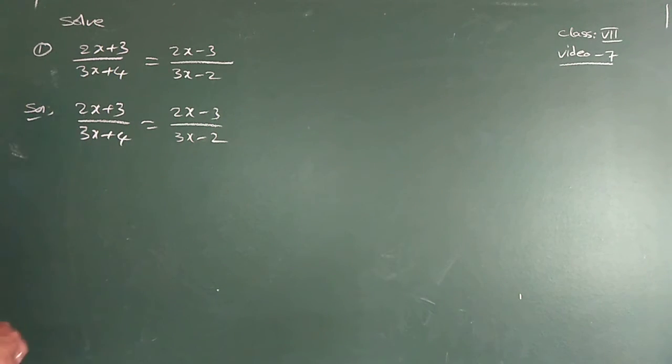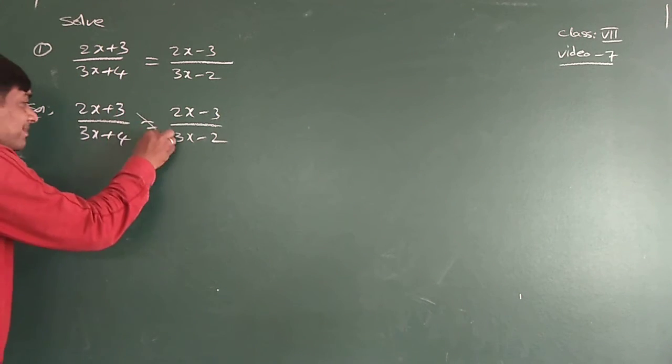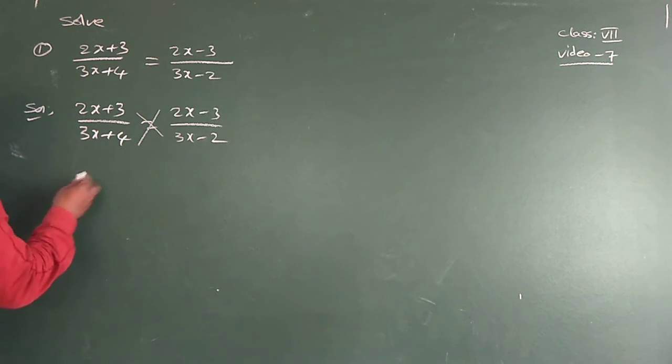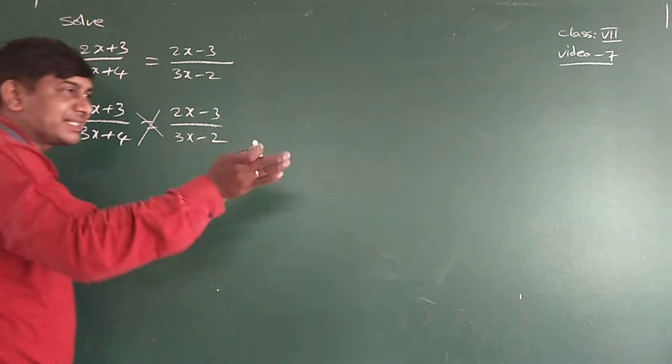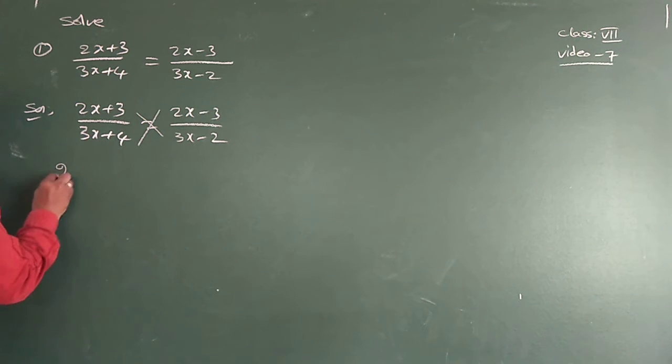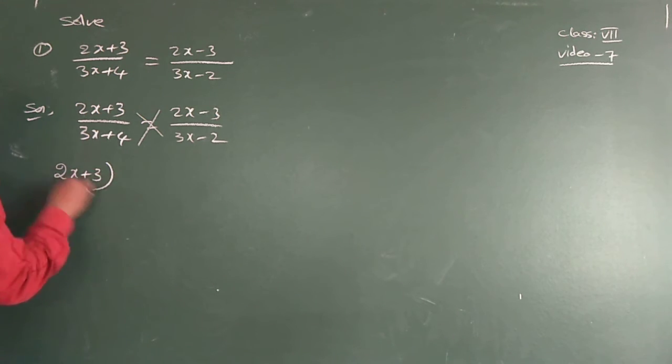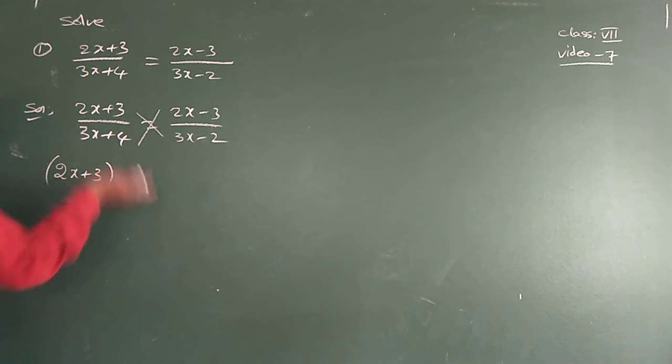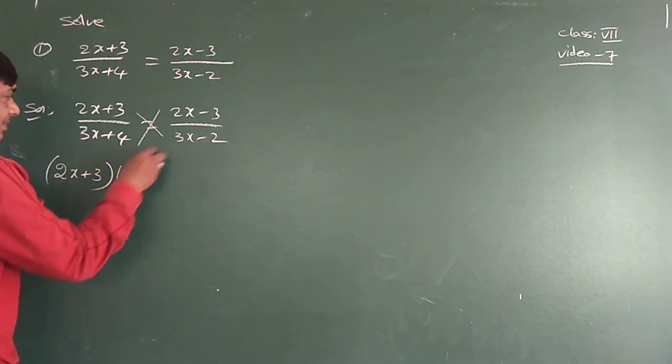So this type of question, first of all, cross multiply. First cross multiply, make a simple form. 2x plus 3 fraction form I am writing into a general form here.